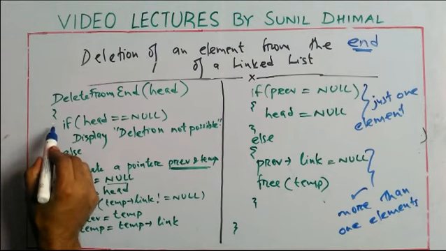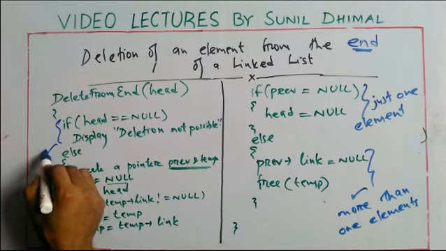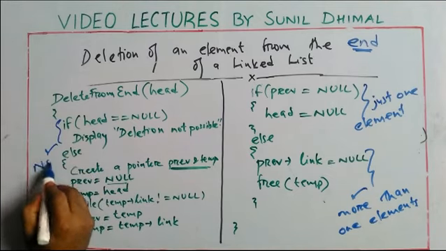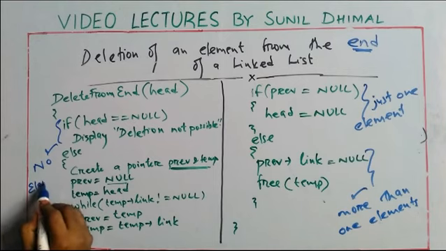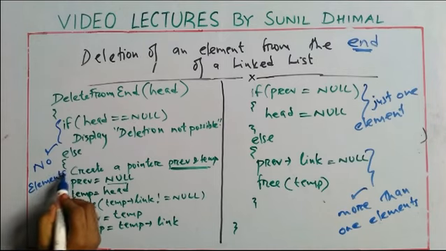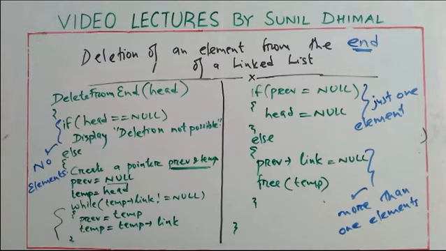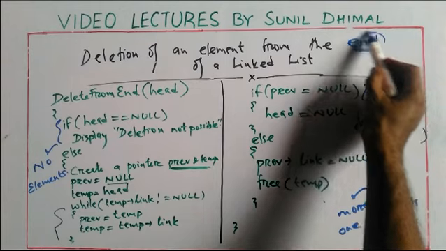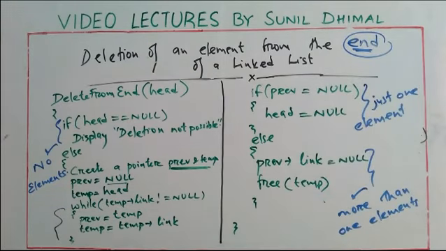And this is the scenario for no elements. Okay, now this algorithm would delete the element from the end of the linked list.